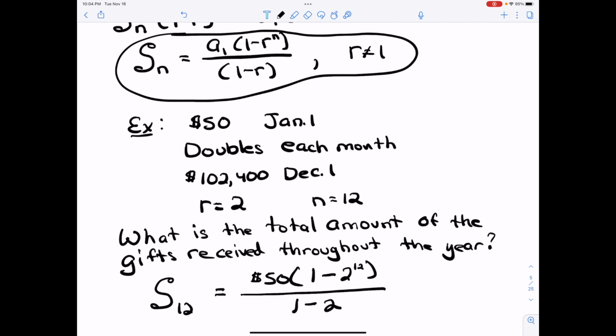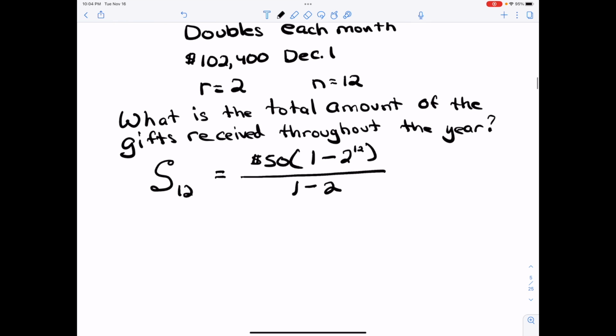Okay, when I do the top, I end up with $50 times 40.97, and it's over, well, I actually end up with negative, let me do this again. Sorry, I end up with negative 40.95.